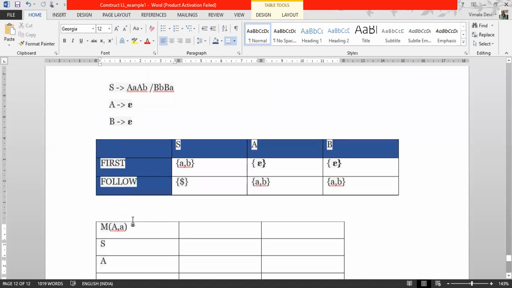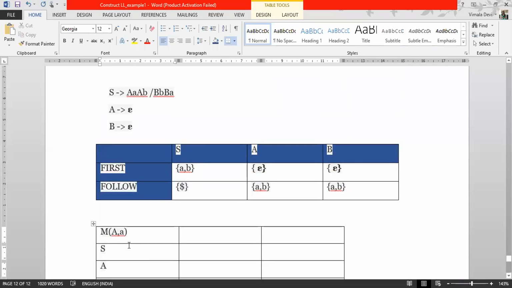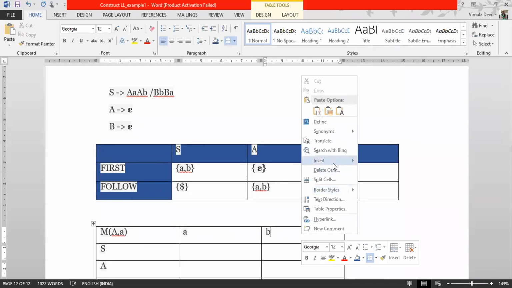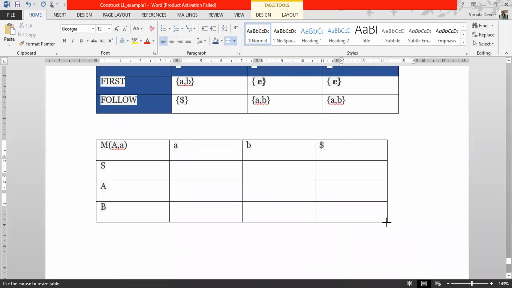We have three variables, right? One is S, another is A, and another one is B. What are the terminal symbols we have? a, b, and we have to include the dollar also. For that, let me include a column. Right, now you can begin the construction of the parsing table.